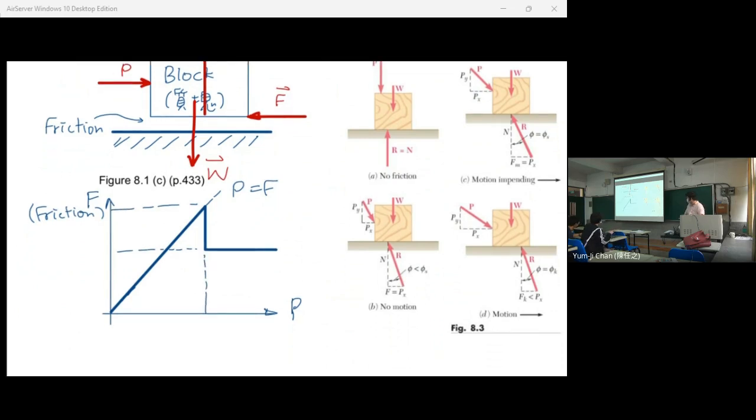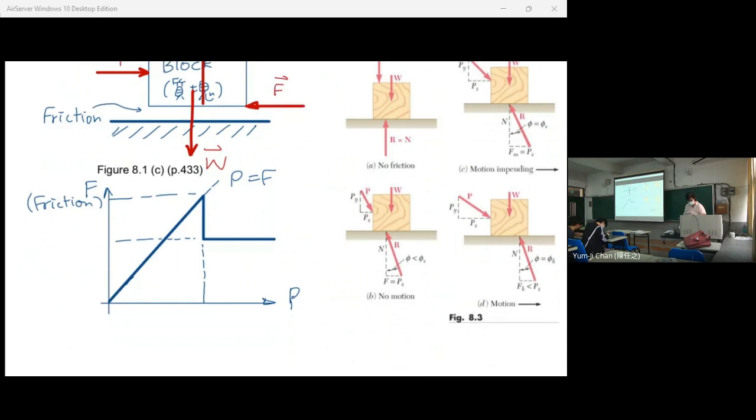For the part on the left, this part is the no motion region. The block does not move in this region. It is easy to understand that in this case, P is equal to F.